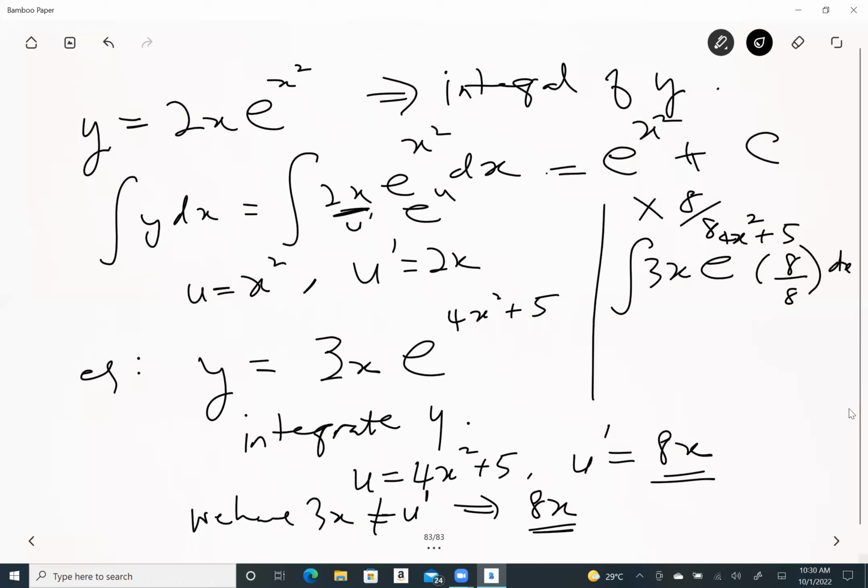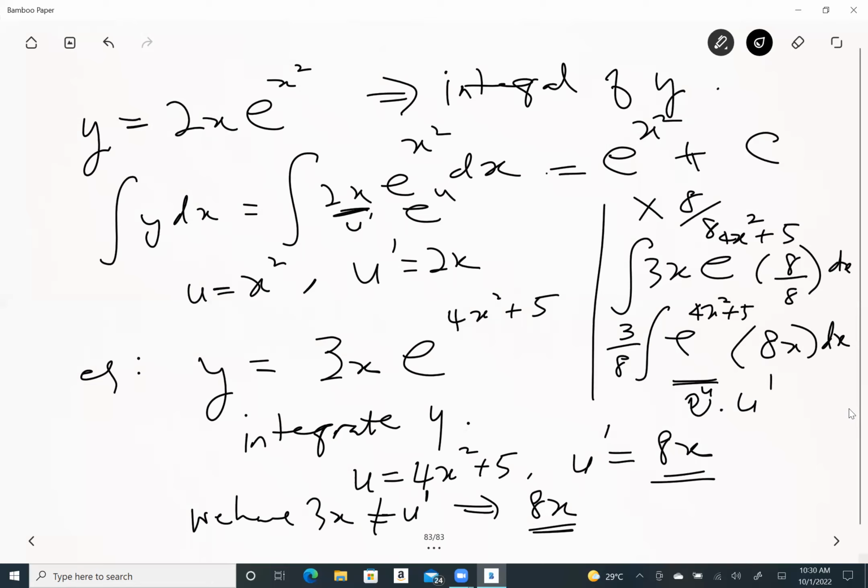Now we do the arrangement. The 3 over 8, you bring it out of the integral. Then we have the integral of e to the power of 4x squared plus 5 multiplied by 8x dx. So now I have e to the power of u, and then I have u prime.